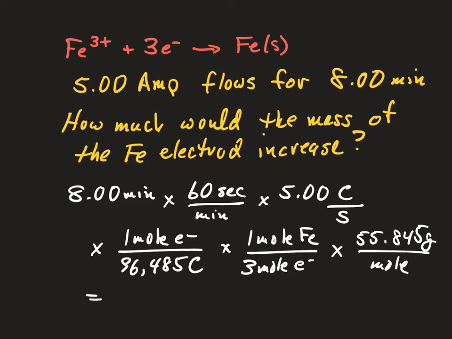If we work that out, that should tell us how much mass that iron electrode will gain. And when I do the math, I get 0.463 grams. So our electrode would have gained a little less than half a gram.